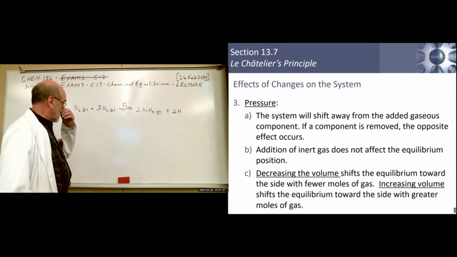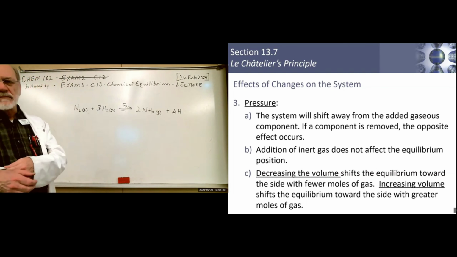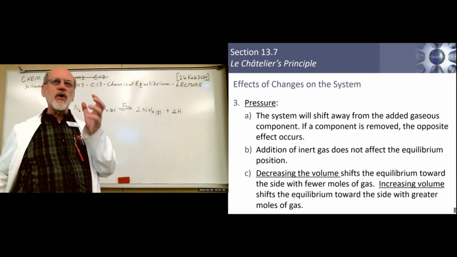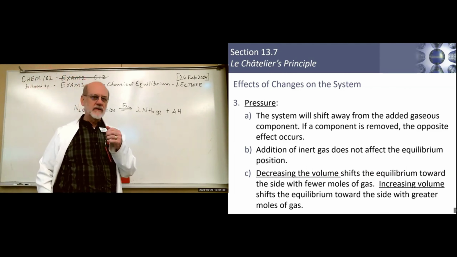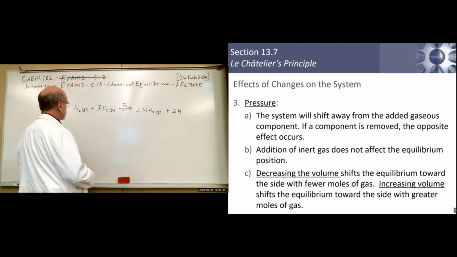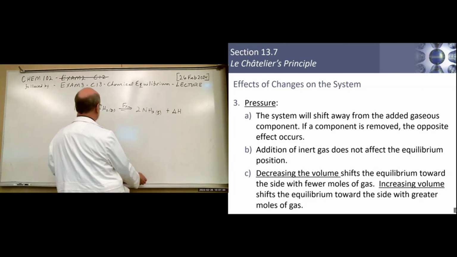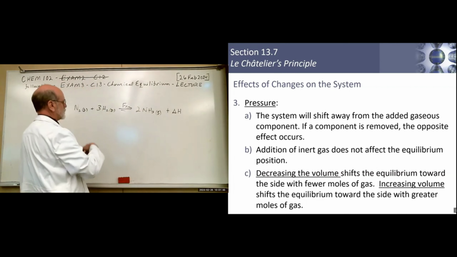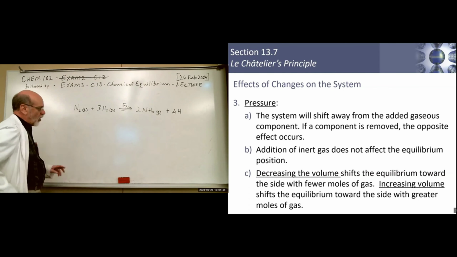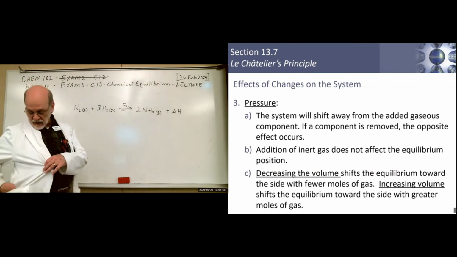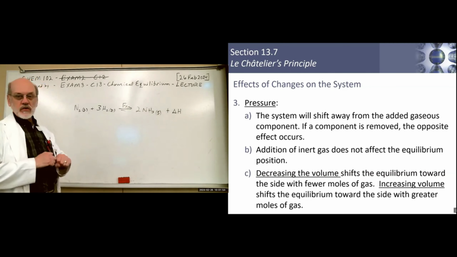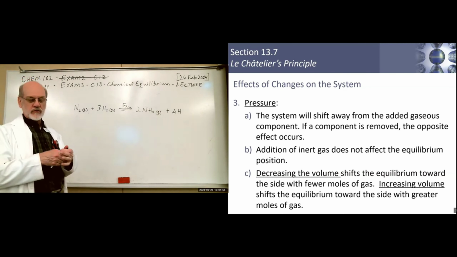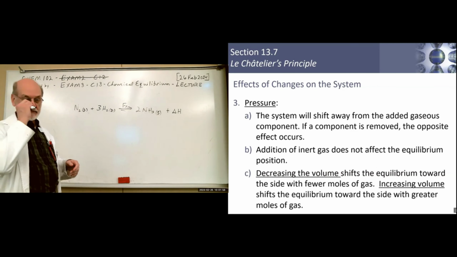Now we have a situation where we're going to look at what's the effect of pressure on the reaction. If we use this reaction, they're all gases. And only when the reactants or products are gases will you have an effect of pressure on the equilibrium.